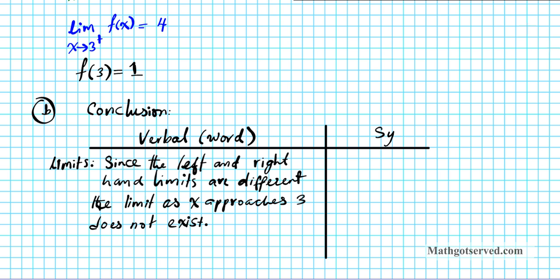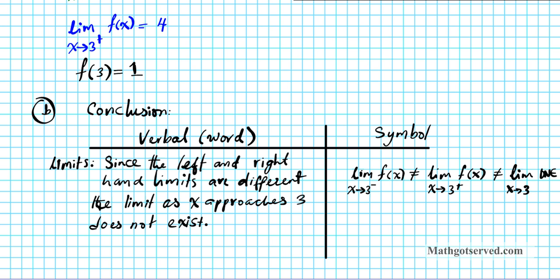How about in symbols? If we want to convey this mathematically, we can just simply write: since the limit as x approaches 3 from the left of the function is not equal to the limit as x approaches 3 from the right of the function, that implies that the double-sided limit as x approaches 3 does not exist.